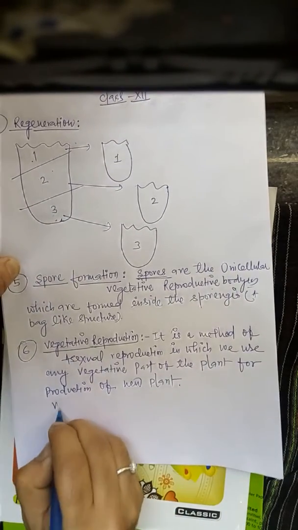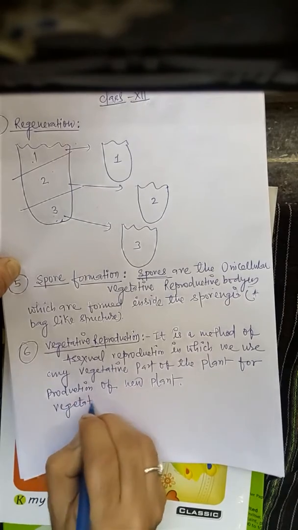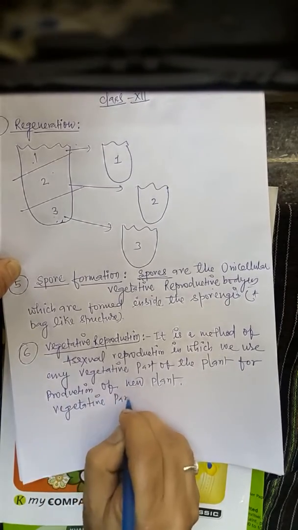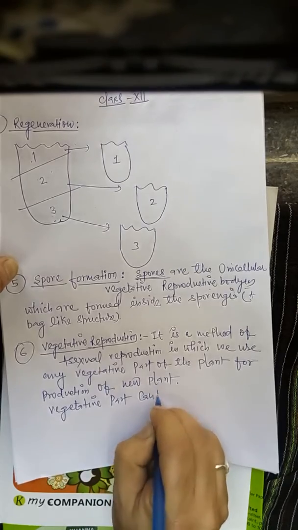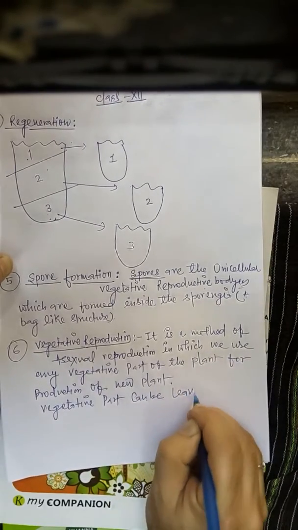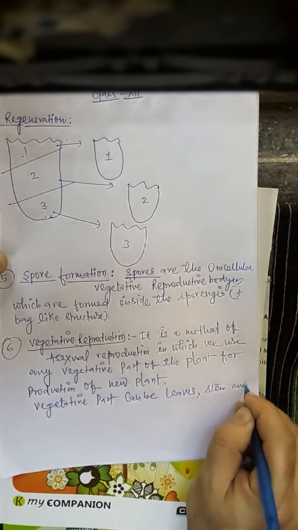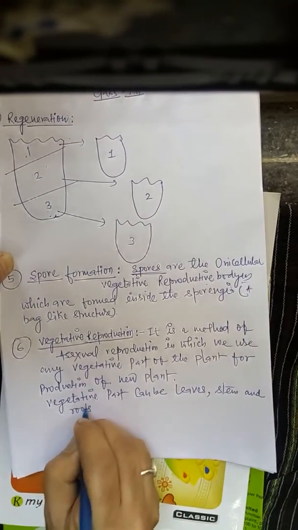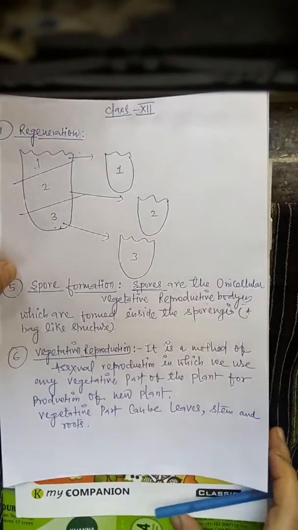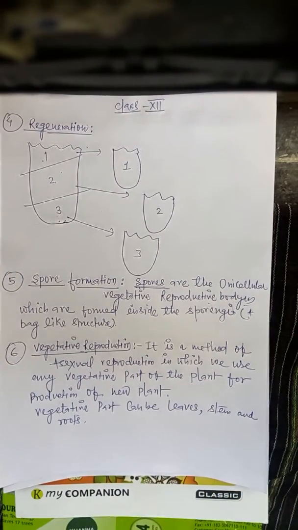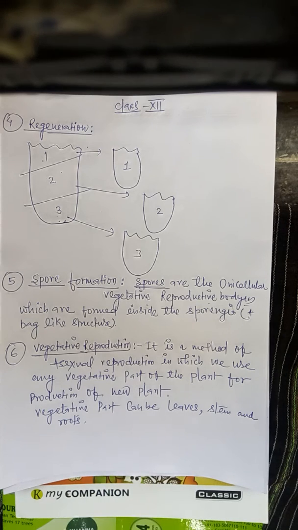The vegetative part can be leaves, stem and roots. So when we use any vegetative part of the plant like stem, roots and leaves and we form new plants, this method of asexual reproduction is called vegetative propagation.